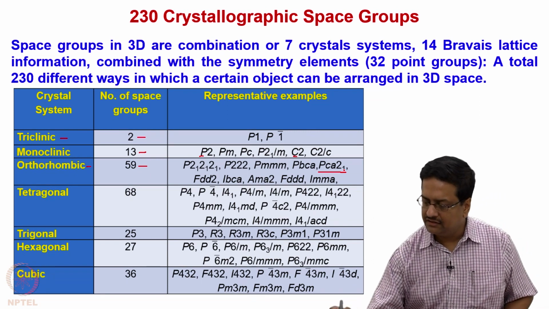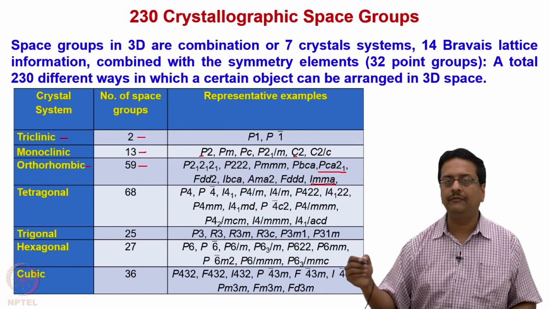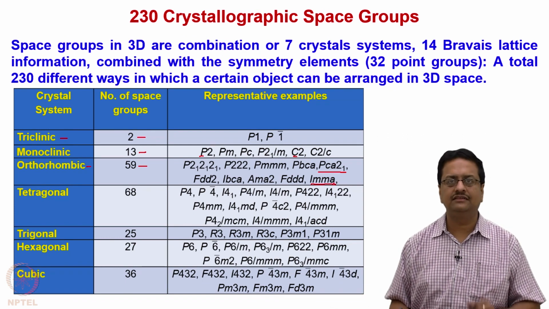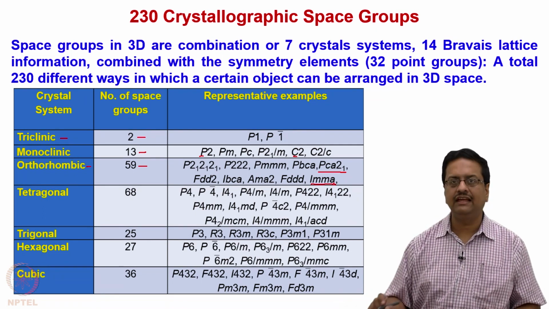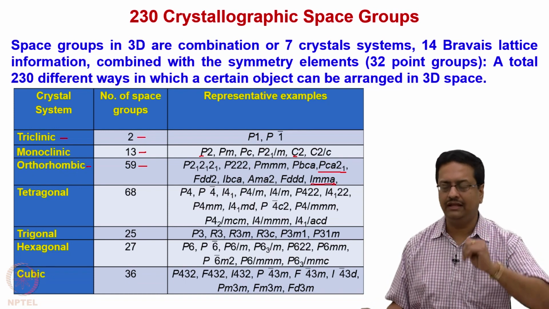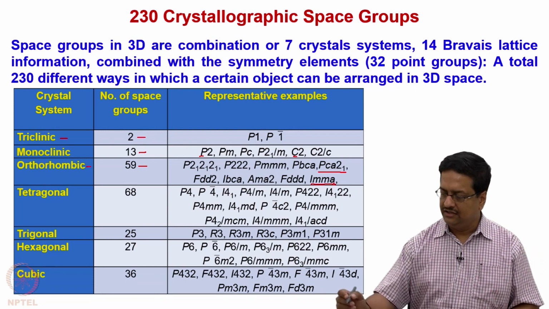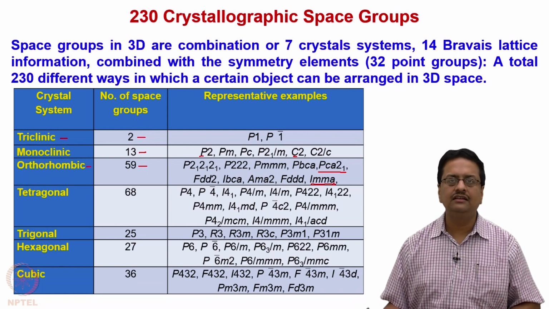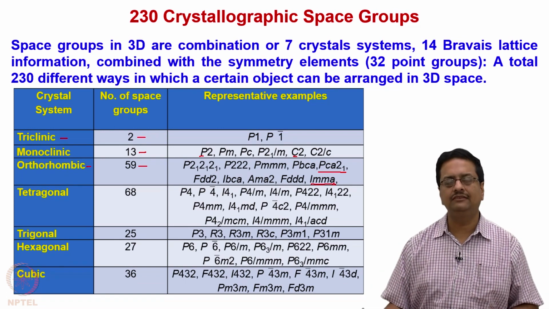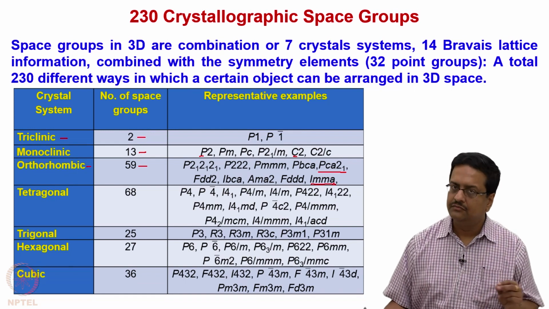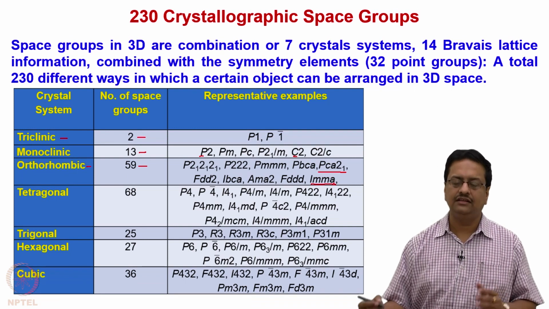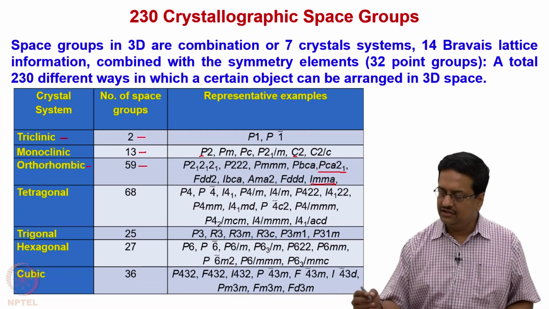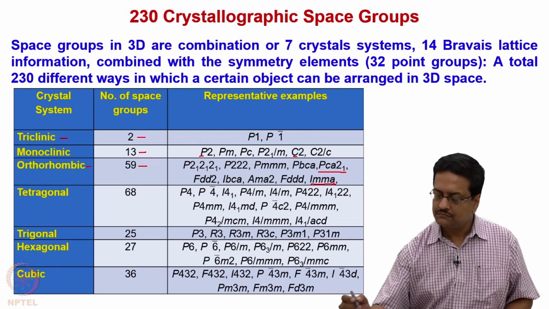In the same manner, if we think about the space group IMMA, it indicates that this is a body-centered lattice, which means I. The first M is a mirror plane perpendicular to x. The second mirror is perpendicular to y, and then the third one is a glide plane. It is A glide perpendicular to z. So accordingly, we should then try to generate the symmetry equivalent points for these space groups.